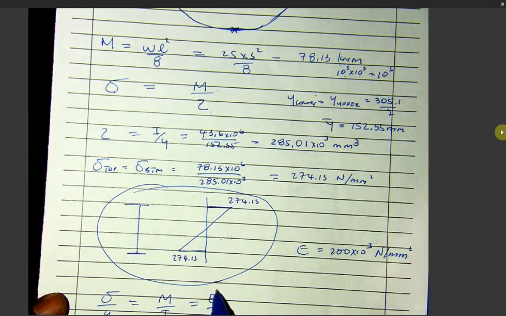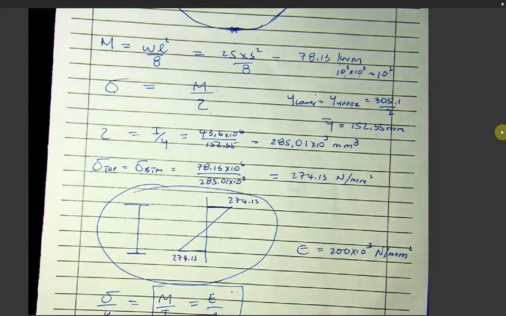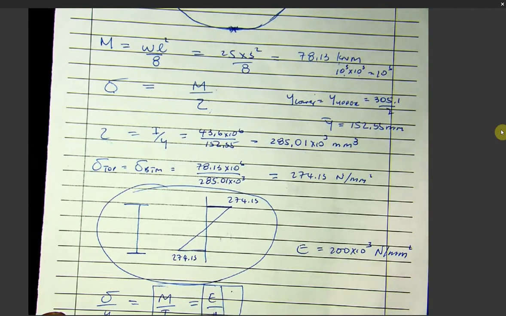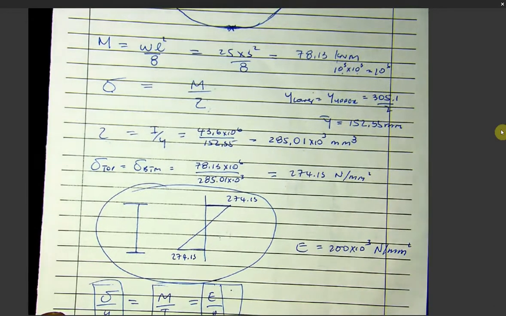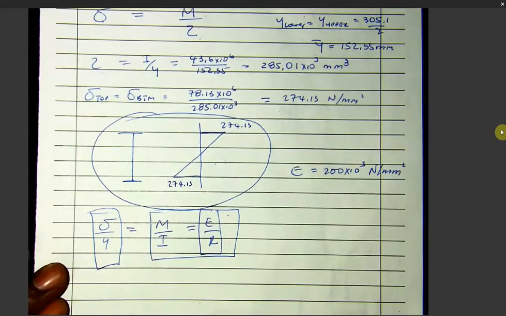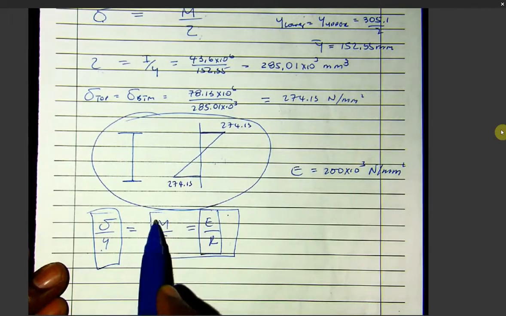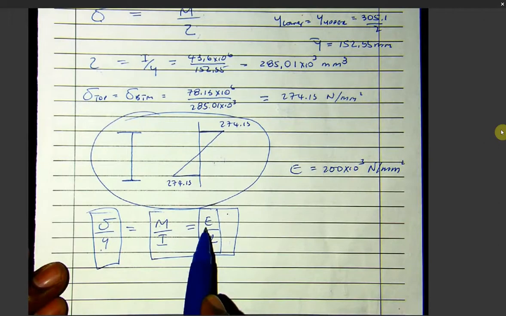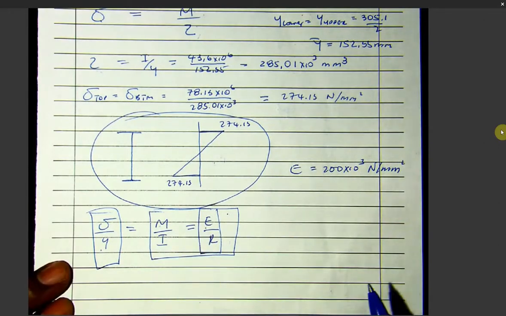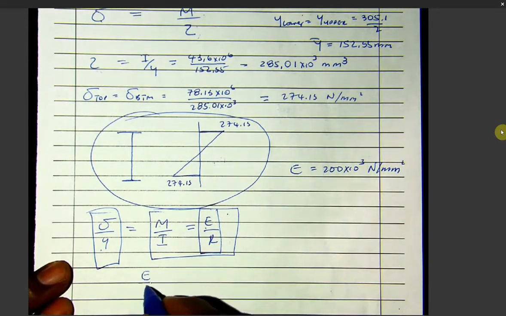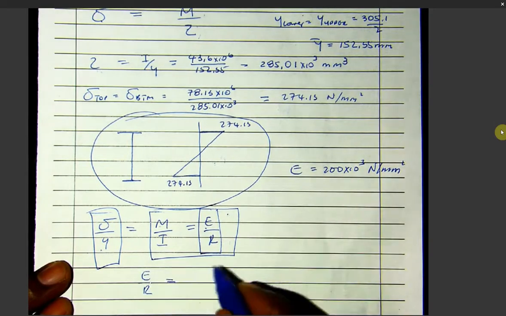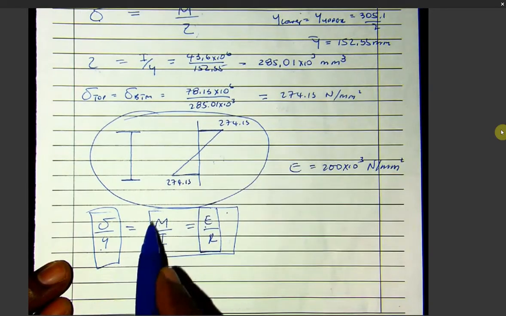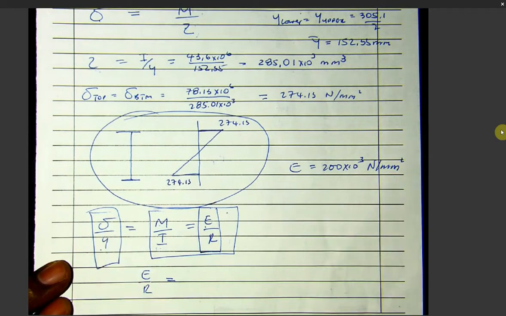So meaning you must use this term. It's up to you whether you use it like this, or use this term together with that one. It should give you the same answer. You can use this term and that term, or this term and this term. E over R is equal to M over I, because you've got I, you've got M, and you've got all the information.